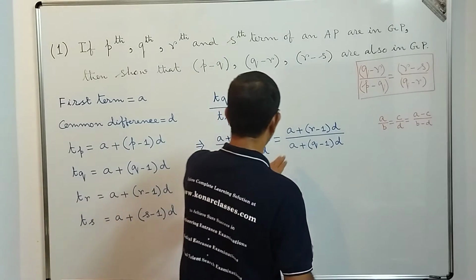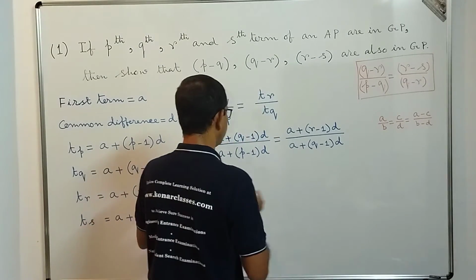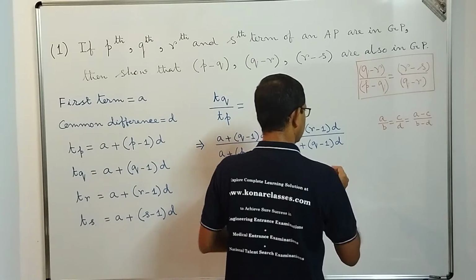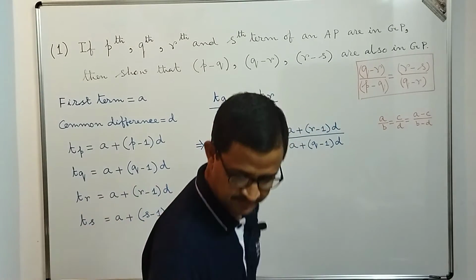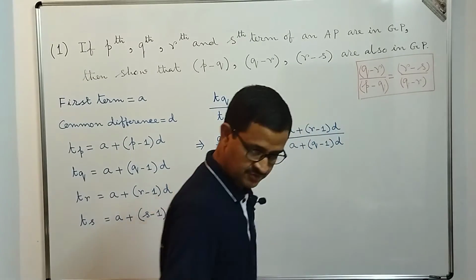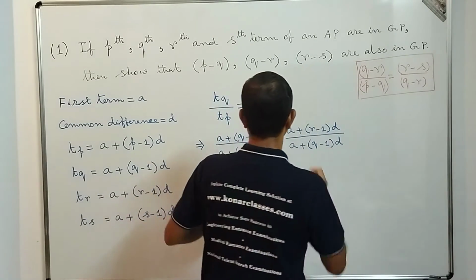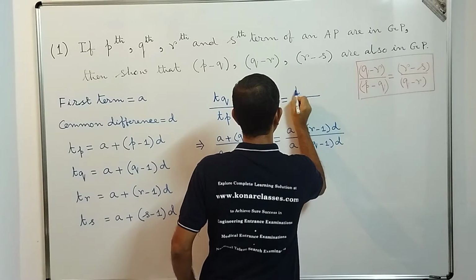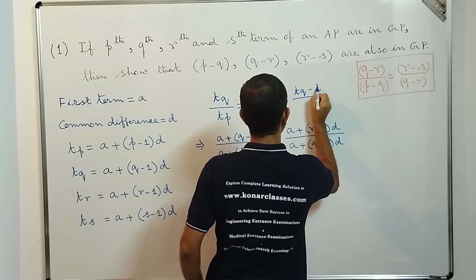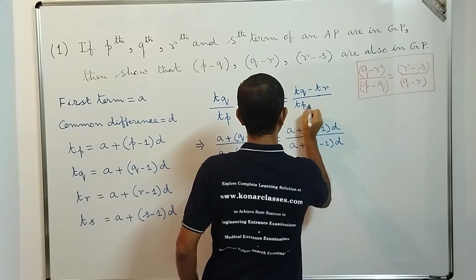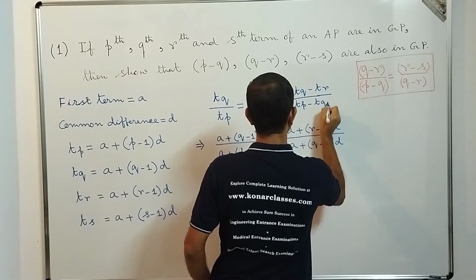So as we get this one, from here we can write that this is equal to TQ minus TR divided by TP minus TQ.